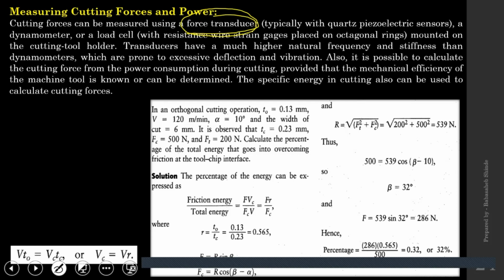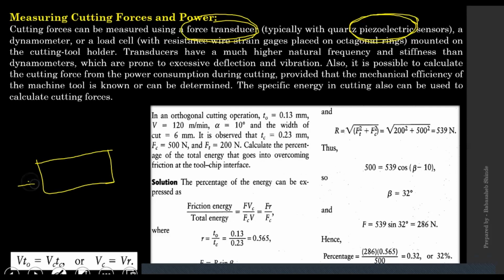If you are able to recall the concept of piezoelectric material, what happens in case of piezoelectric material? If this is a block of piezoelectric material, and you apply a certain force on it, you are compressing it, or even applying tensile forces and expanding that material.